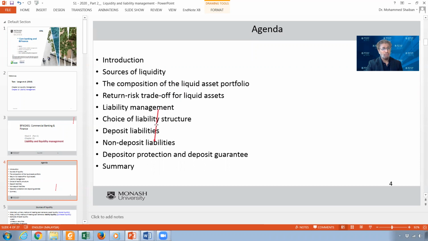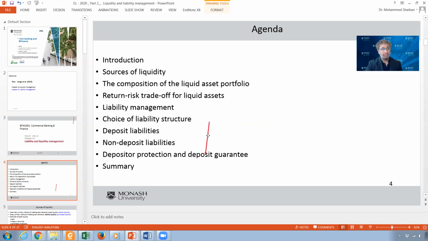And we will talk about an issue that happened after the financial crisis when they introduced a scheme called the deposit protection scheme. Now, the deposit protection scheme is applied almost in all countries, including Malaysia, Australia and the US, where we are guaranteed up to 250,000 ringgits or dollars if you are in the US.